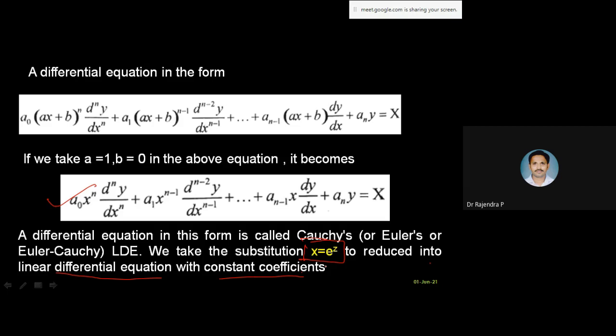Why should we reduce to an LDE with constant coefficients? Because we know only how to solve that particular LDE with constant coefficients. We know f of D into y is equal to X. This particular differential equation, we know how to solve that. That is the reason, whether it is in Legendre's form or Cauchy's form, you have to reduce that into this particular form. Is it clear?